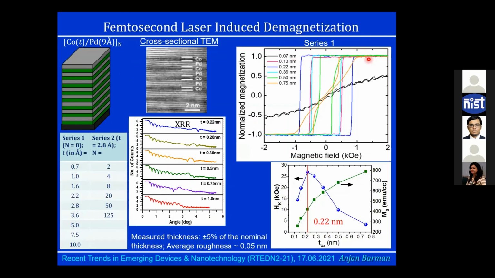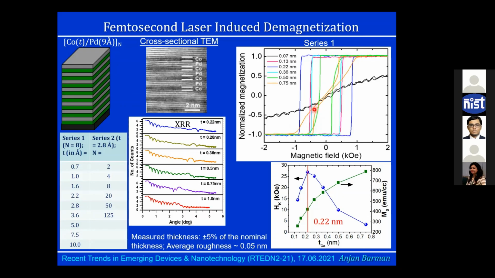This is a square loop, and here you can see it is having a coherent rotation. In the previous lecture I showed that there can be coherent rotation, domain formation, curling mode, buckling mode, and so on. When you have a square loop, it is coherent rotation. Generally there is no domain; it goes from the up state to the down state as a coherent rotation. It just crosses the anisotropy barrier.